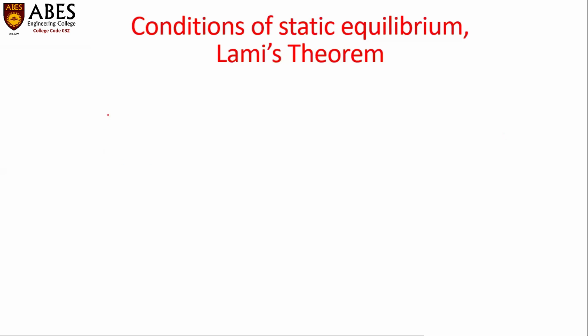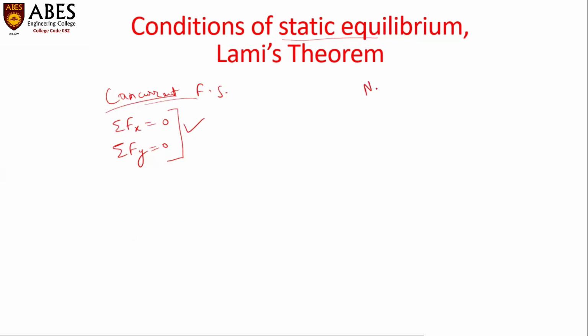So if there is a concurrent force system, in that case, the desired conditions of static equilibrium are: summation of forces along the x-axis should be equal to 0, and summation of forces along the y-axis should be equal to 0. Only these two conditions are enough, only in case of a concurrent force system.